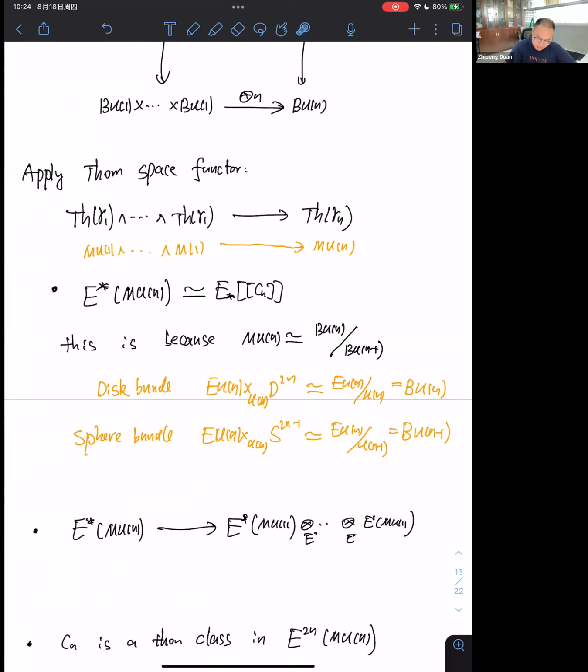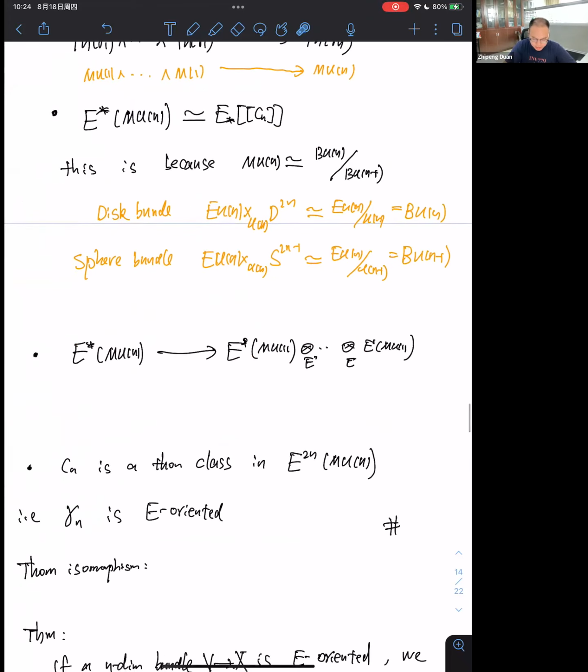Then we apply the generalized cohomology functor on this map. In other words, we have the natural map from E cohomology of MUn to the n-fold tensor product of E cohomology of MU1. As you see, c_n maps to the Chern class, because the E star of MU1 just has the first Chern class, which is also the complex orientation we choose. It is a tensor product of n copies of x_E.